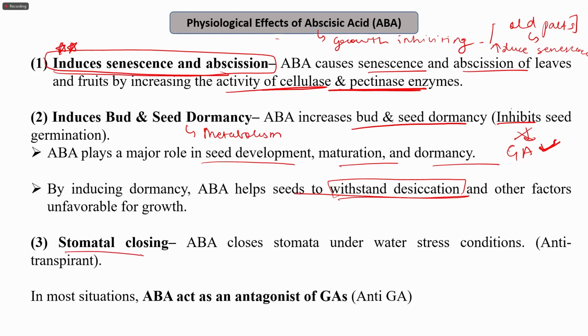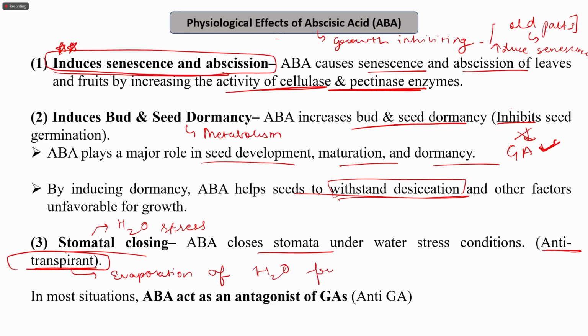Third is stomatal closing, as I mentioned during the water stress. So ABA closes stomata under the water stress condition, anti-transpirant. Transpiration is the process of evaporation of water from the stomata of the leaves, through the stomata of the leaves, right?